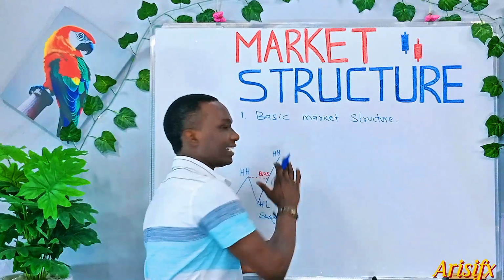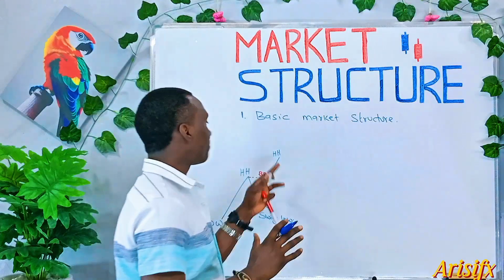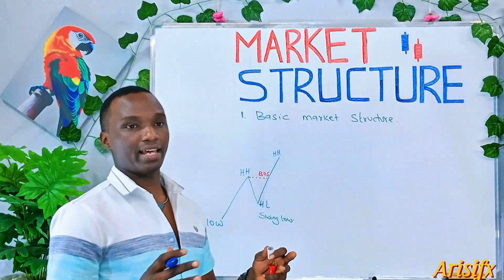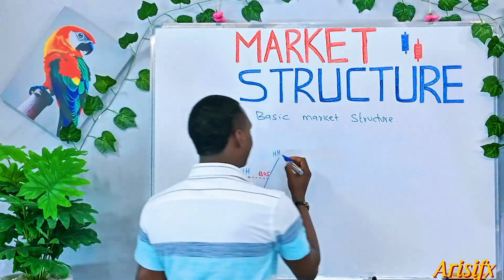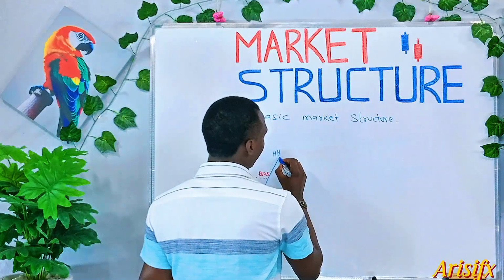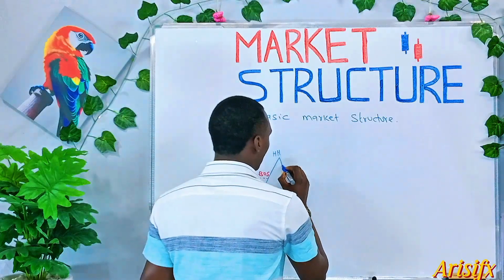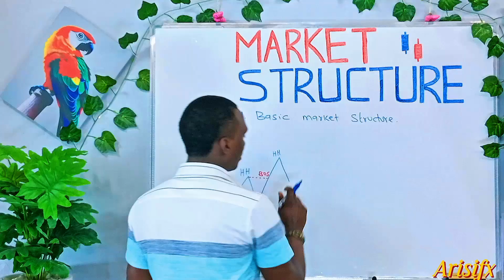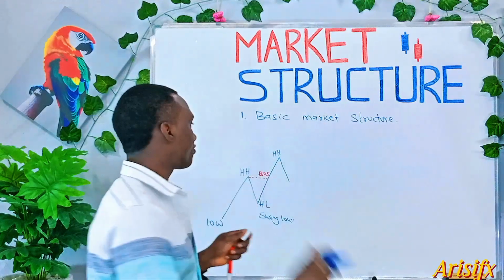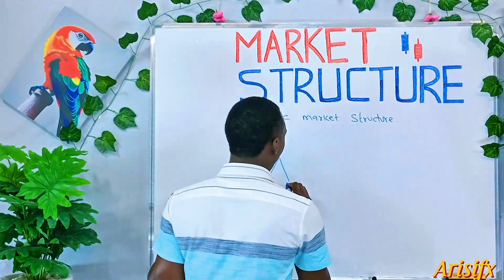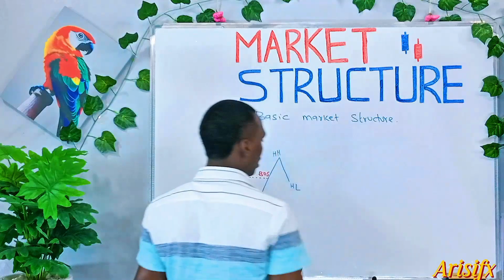The buyers in this case will detect that the market is overpriced. So the next thing they'll do, they'll start taking their profits, and the market will drop up to our previous break of structure. It will form another higher low.